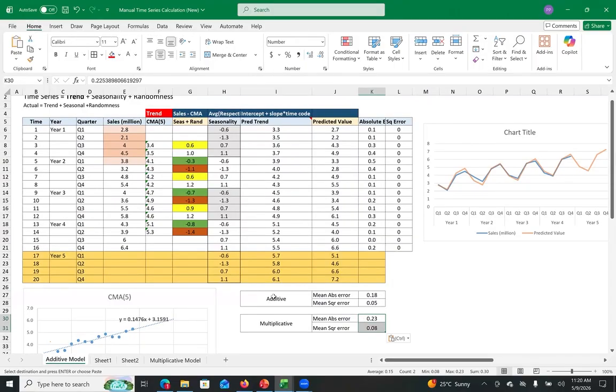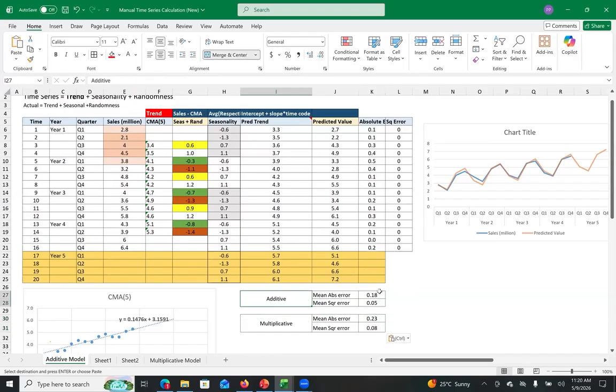So if I compare the errors of the additive assumption versus the multiplicative assumption, first we made the assumption that the time series is additive, then we solved it. Then we made the assumption that the time series is multiplicative, and then we solved it.